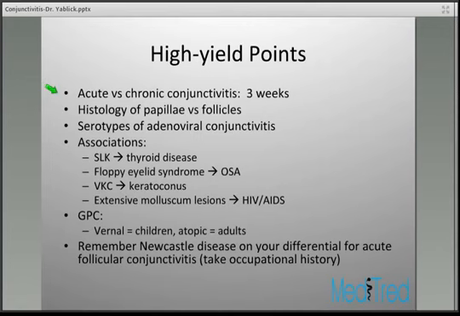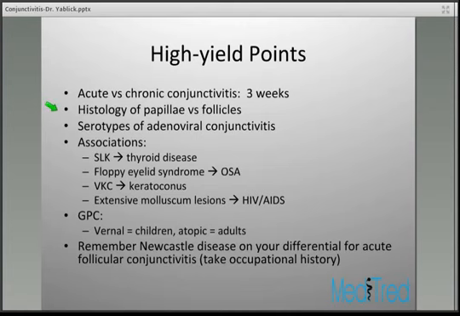And if it's present for longer than 3 weeks, certainly think about chronic conjunctivitis. And that's important when you're trying to think about your differential diagnosis. If the patient has been having symptoms for a certain time period, then that can help you narrow down your differential.